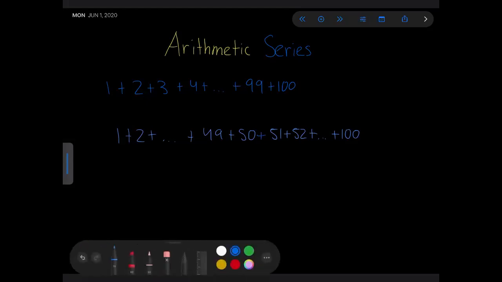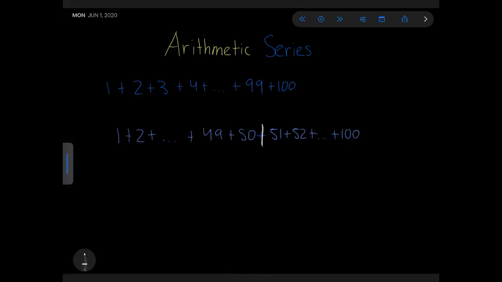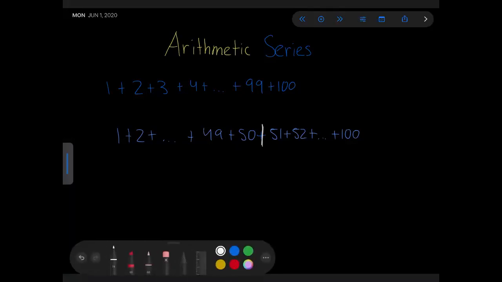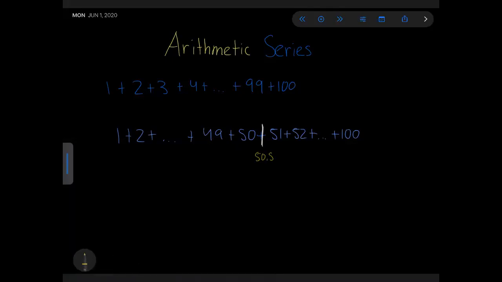Now, how do you do it? Well, we're going to look at the midpoint of this. The midpoint is right here. What do you notice about the terms on both sides? Well, they're symmetric in a sense, right? Let's say we had like a mysterious term 50.5 here.